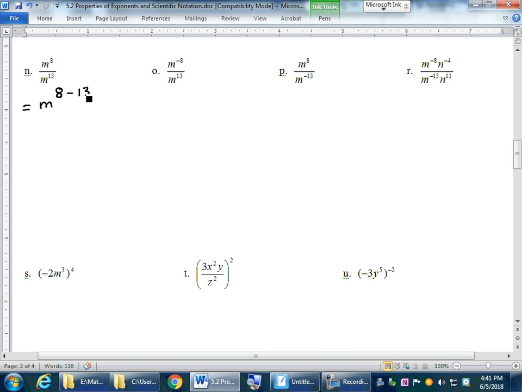Everything goes to the numerator. So my final answer is m to the negative 5. And now using property number 7 to simplify, it will become m to the 5th, which is 1 over m to the 5th power.